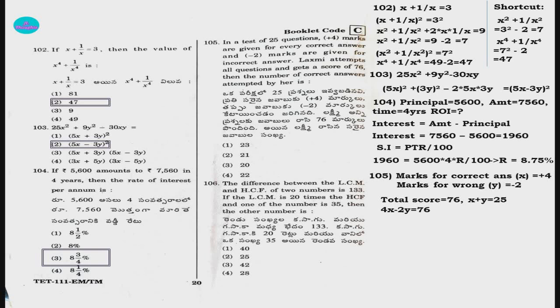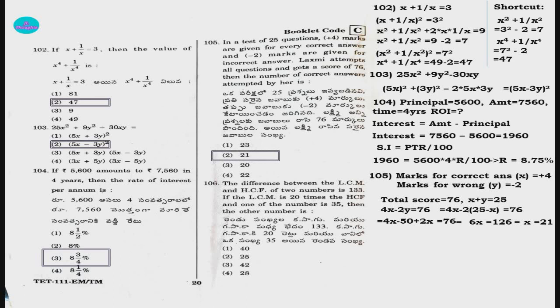So 4x minus 2y is equal to the total score 76. Now 4x minus 2 into, from the top, x plus y is equal to 25, y is equal to 25 minus x. So substitute in that, then you'll get x as 21. Okay, so the answer for this, that is the number of correct answers attempted by her, is 21.